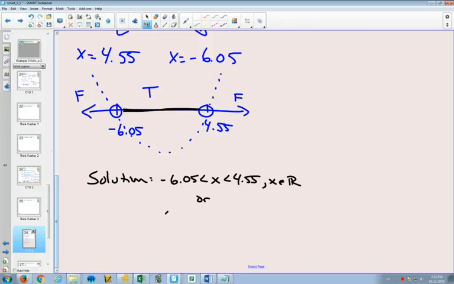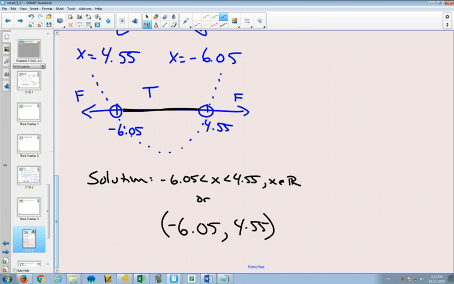Or if you wanted to write that in interval notation, it would look like that. The confusing thing about interval notation is this looks like a point. We write points on a graph in the same way. And we use the round brackets to mean everything from negative 6.05 until we get to 4.55.